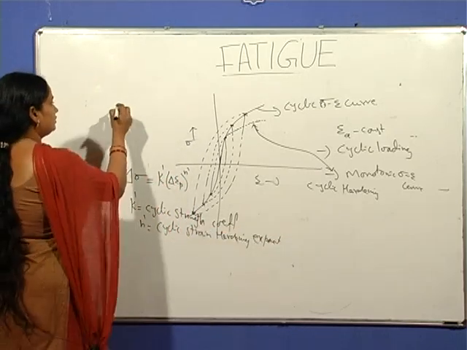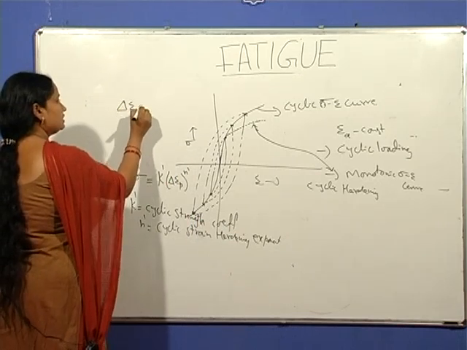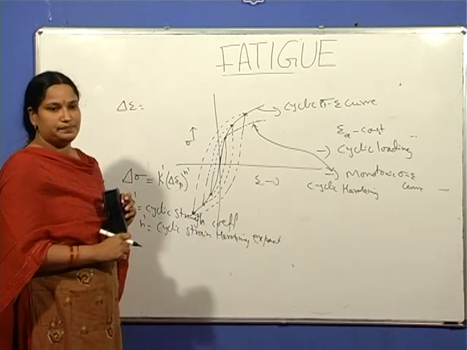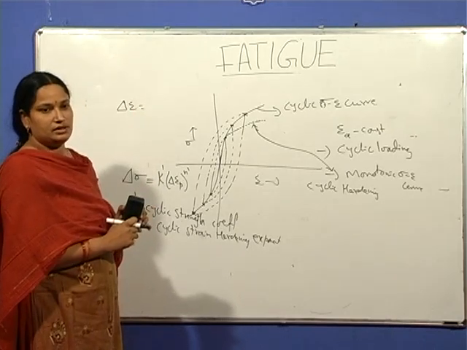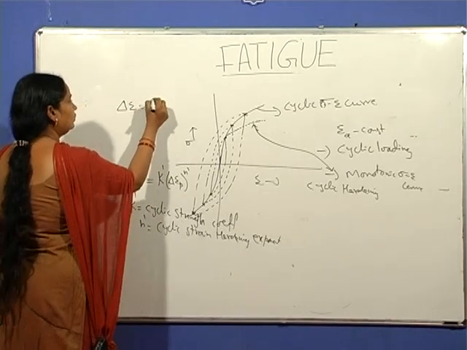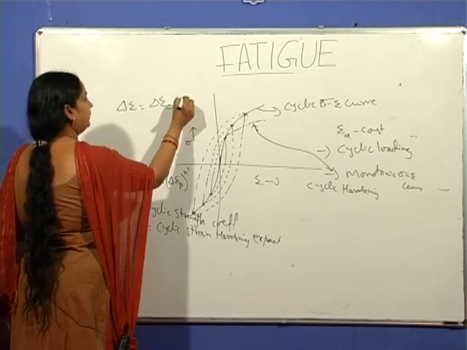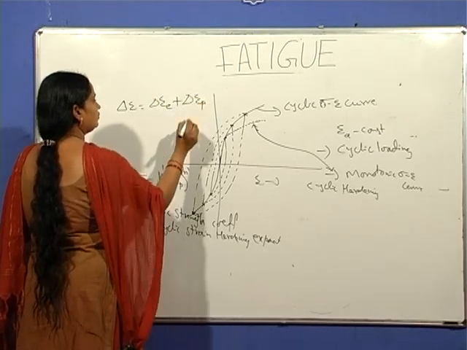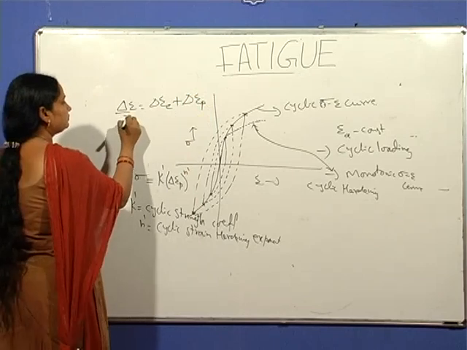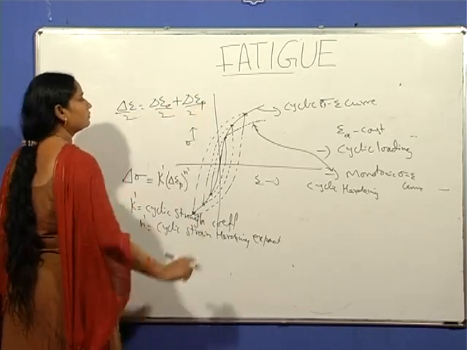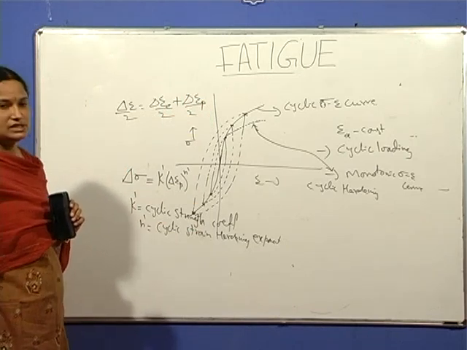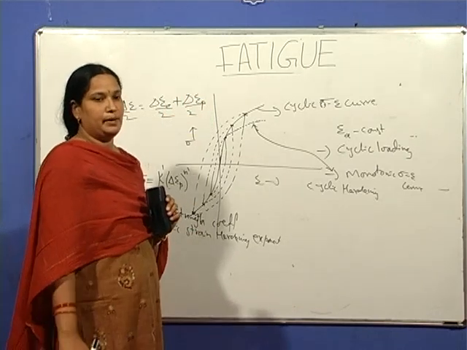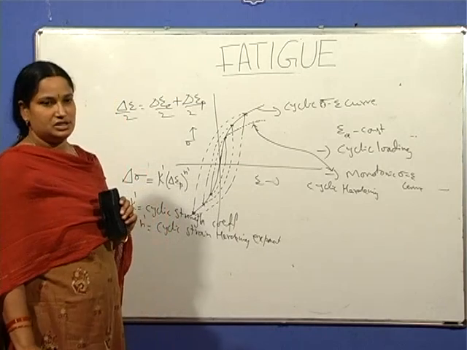So the total strain range comprises two components. In the case of the cyclic stress-strain curve, it is equal to the elastic strain plus the plastic strain component. Within the elastic regime, stress is directly proportional to strain by means of a constant, that is the Young's modulus.